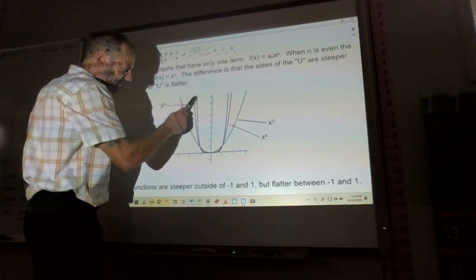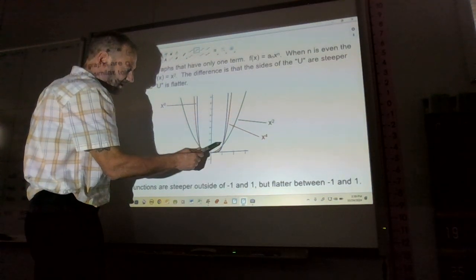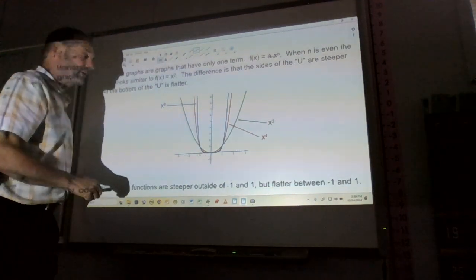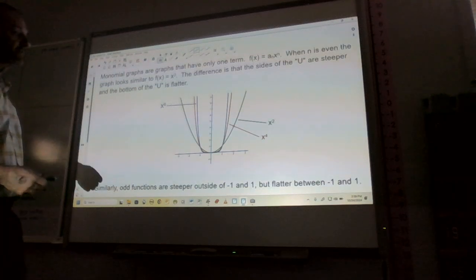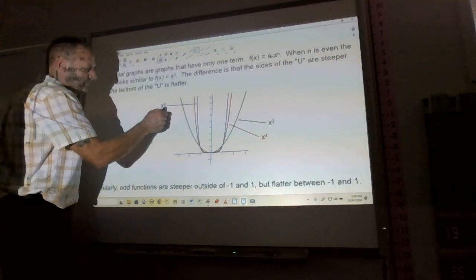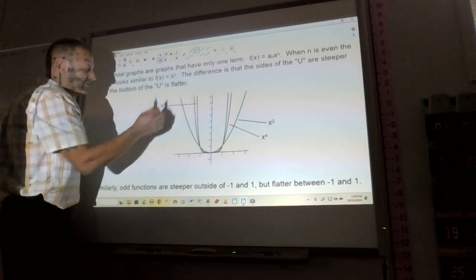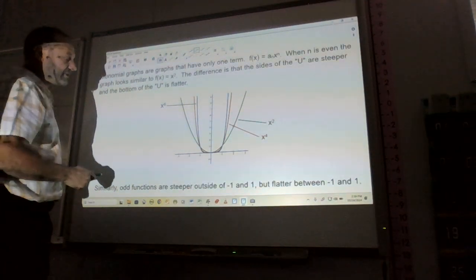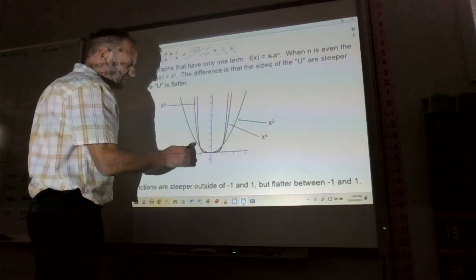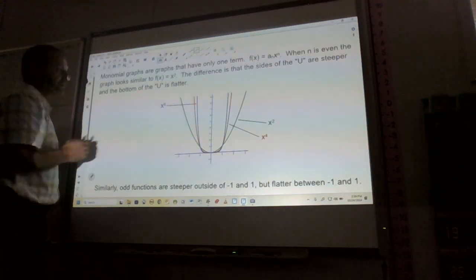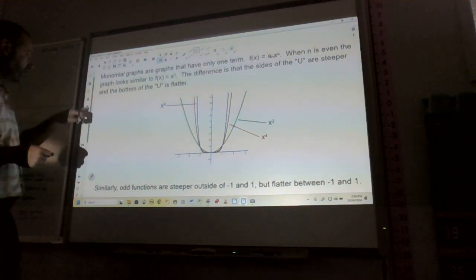That is even steeper outside of -1 and +1, but in between -1 and +1, it's flatter across the bottom. So those are all U-shapes. Now, if you add other terms, like minus 5x to the fifth plus x to the fourth, that kind of stuff in between, that will change that U-shape and possibly make it bumpier, with more turns.